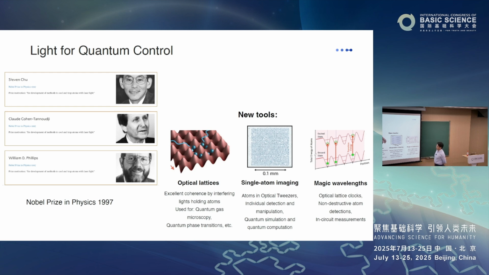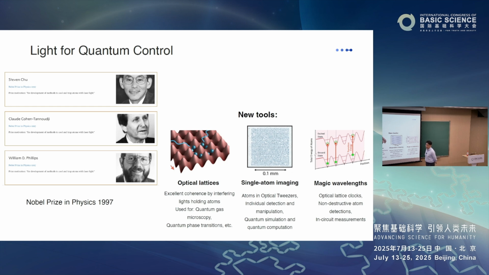So neutral atom trapping really emerges from this idea that we use light for quantum control. And so we all heard Steve Chu's lecture. And I was also lucky enough to have Bill Phillips in my thesis committee when I was at the University of Maryland.